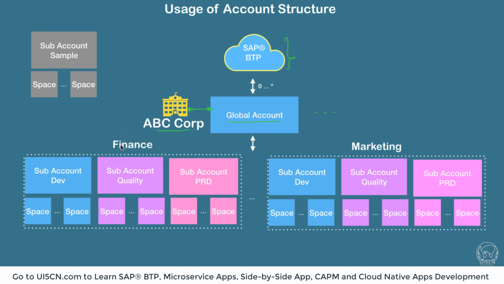Inside this global account, there can be multiple sub accounts. So for example, the finance team can have 3 sub accounts: sub account development, sub account quality, and sub account production. And the development can have multiple projects, and based on the project, project A might be allocated a space, project B might be allocated a space, project C might be allocated a space.